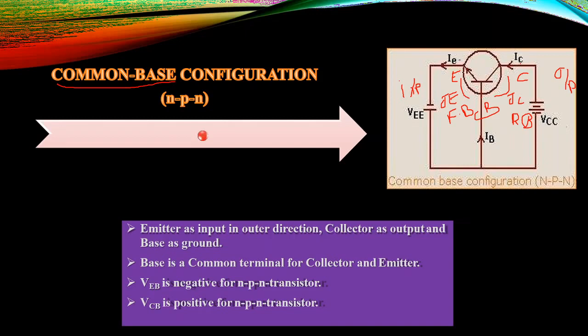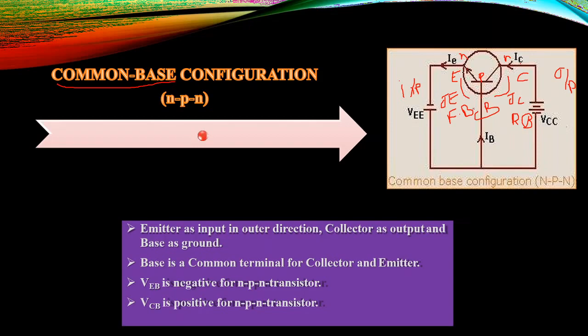So this is an NPN transistor, N, P, and N type. In order to make the JE junction forward biased, the emitter of the transistor should be connected to the negative terminal.